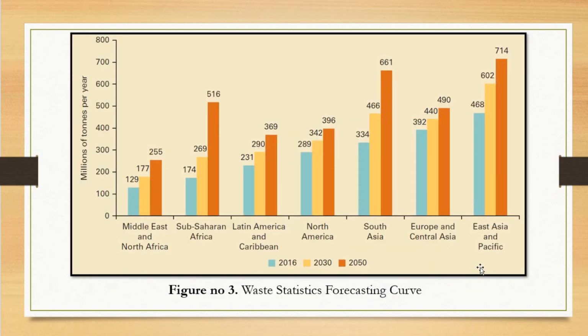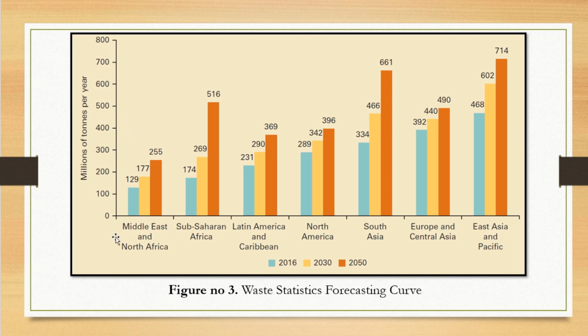In this forecasting curve, we can see waste generated in 2016 is given and estimated. On the basis of these data, future forecasting is estimated of how much waste is going to be generated.